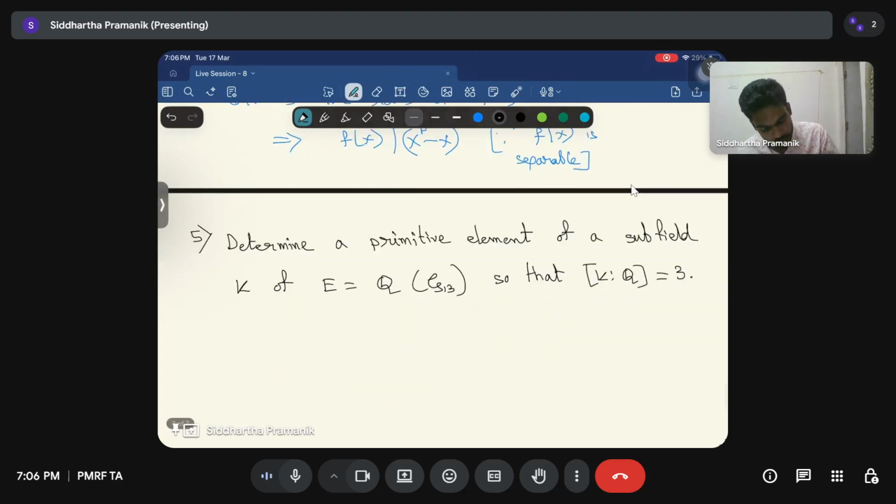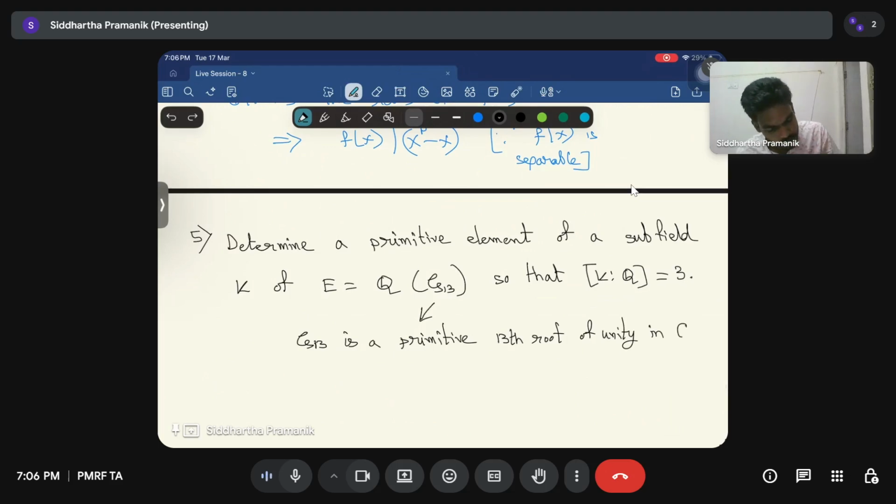And what is zeta 13? Zeta 13 is a primitive 13th root of unity in the field of complex numbers.